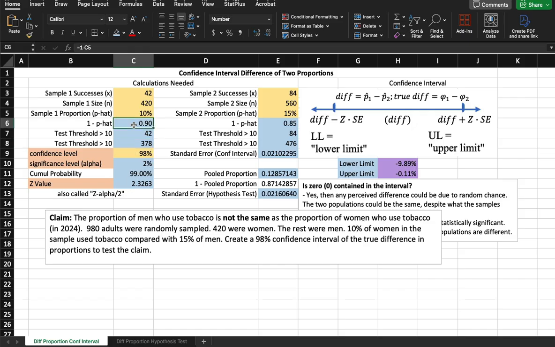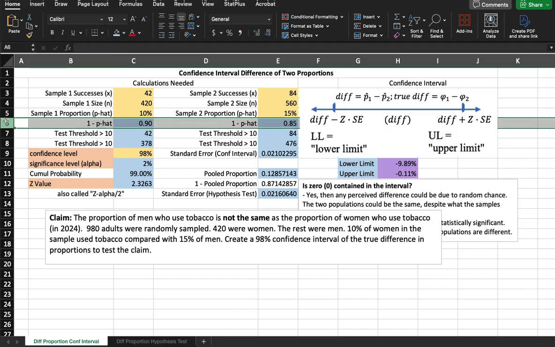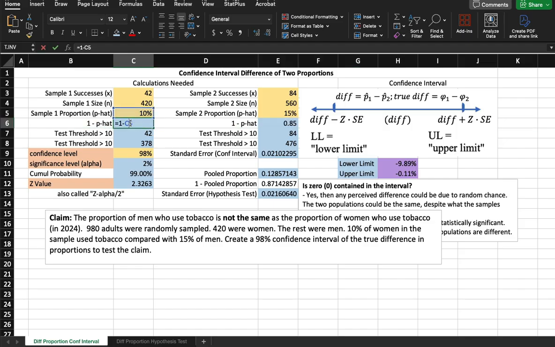The next number we need is to calculate 1 minus p hat for both the men and women. So let's just read across here. This is in row 6. So 1 minus p hat is just equals 1 minus p, the number in C5. So in cell C6, we have equals 1 minus C5.